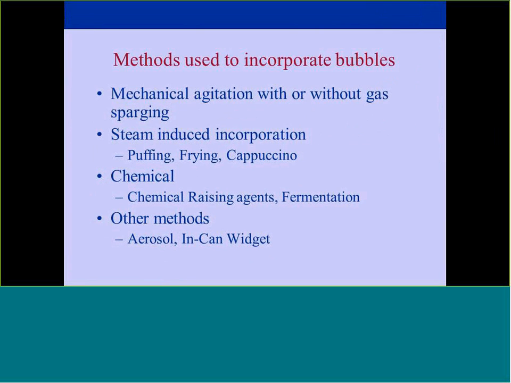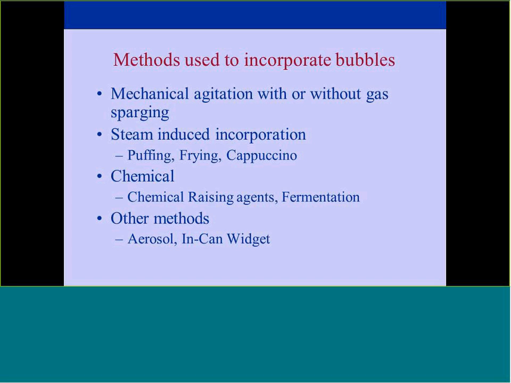Now, the methods that are normally used to incorporate bubbles into foods. The range of methods, and I have only listed a few here, few important ones, of course. Most common method is, of course, mechanical agitation. That means you take a mix. It's a bit like a domestic whisk. If you're baking a cake at home, you have to start making the batter.